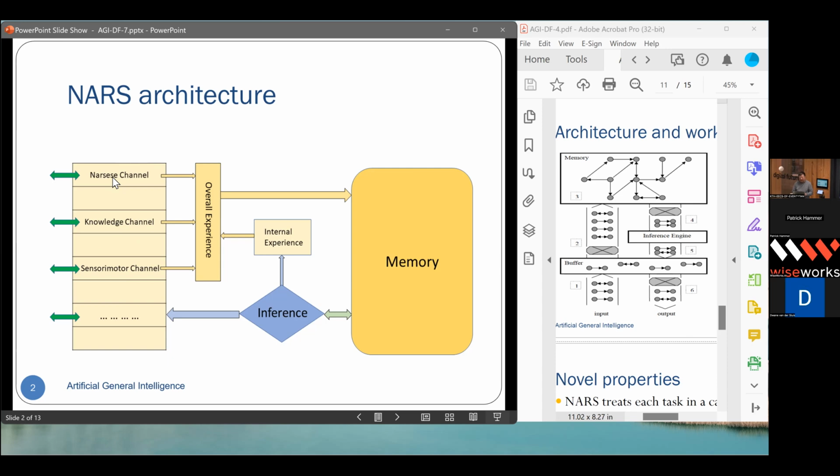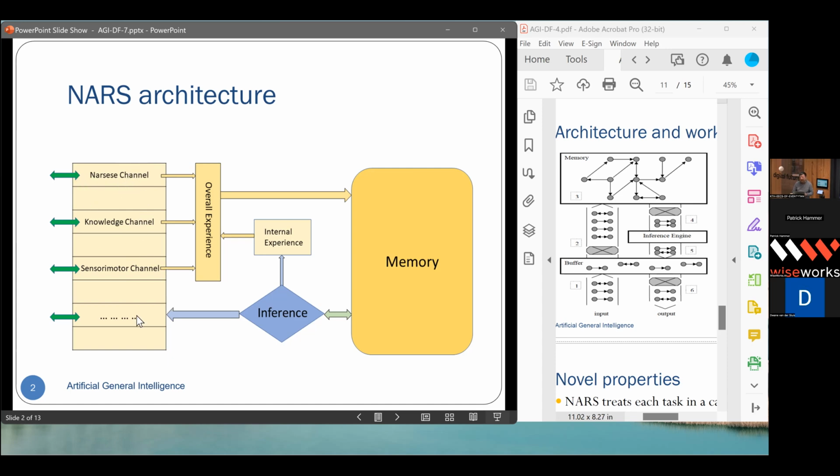So everything you put into the system will be put into a buffer within that channel first, which still serves the same basic functionality as some kind of filter. So you don't feed everything into the system.